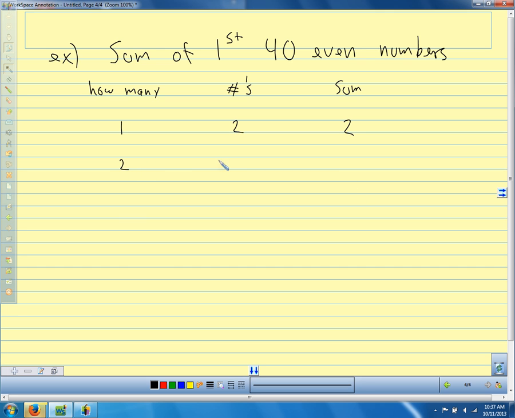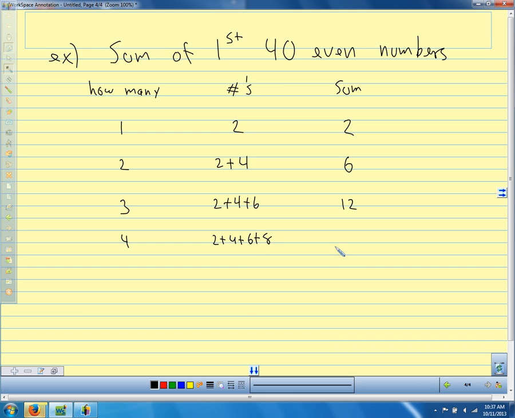2 numbers. So I have 2 plus, we're adding even numbers, so 4. And my sum is going to be 6. 3: 2 plus 4 plus 6. When I add those 3 together, I get 12. I'm going to do a few of these. 2 plus 4 plus 6 plus 8.